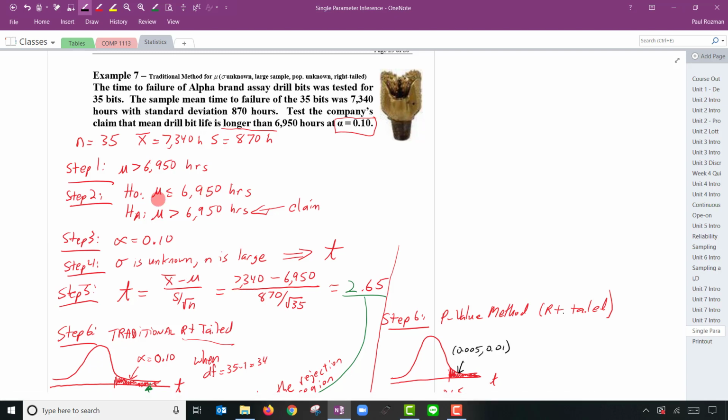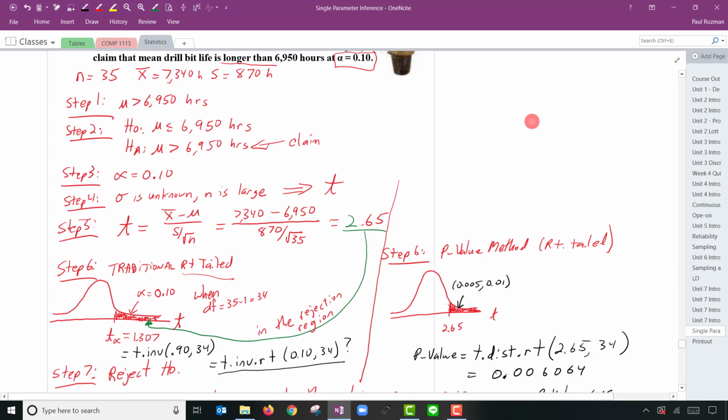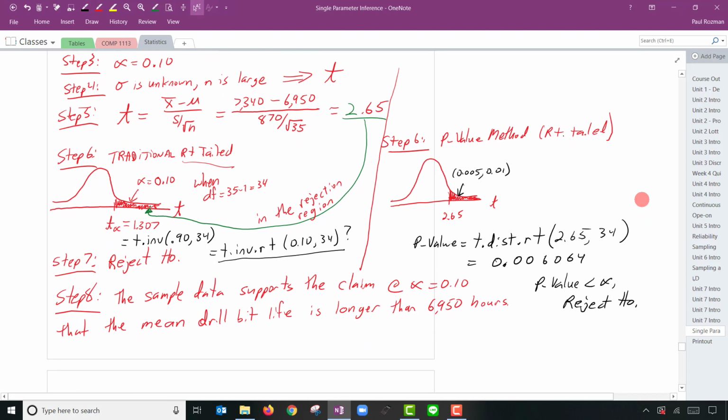If the claimed value, the null hypothesis, is outside of the confidence interval, then you do. So you can actually do a formal hypothesis test using just a confidence interval if you know that it's two-tailed. But on the one-tailed version, then you have to resort to this.